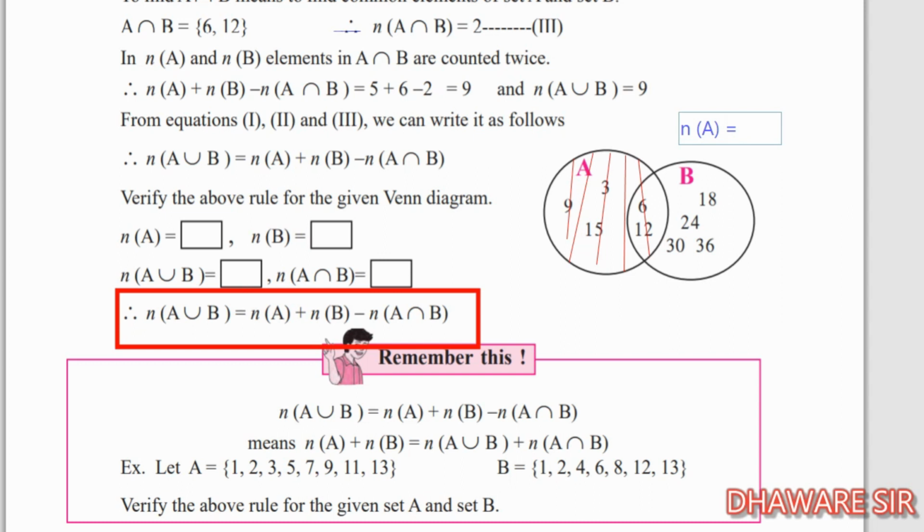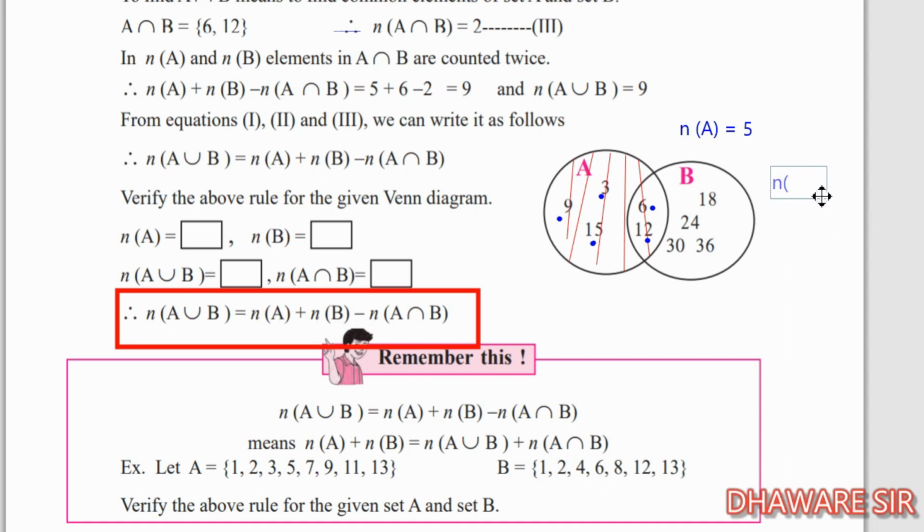We can count here: 1, 2, 3, 4 and 5. So we can write n(A) is equal to 5. So we have written n(A). Likewise, we can write n(B) also.